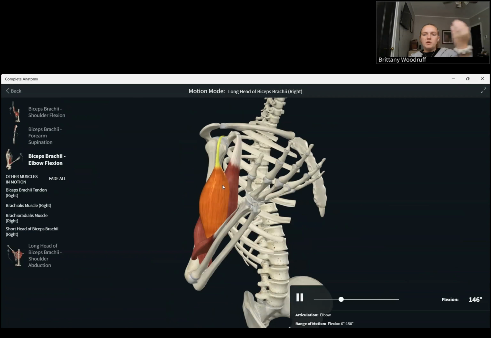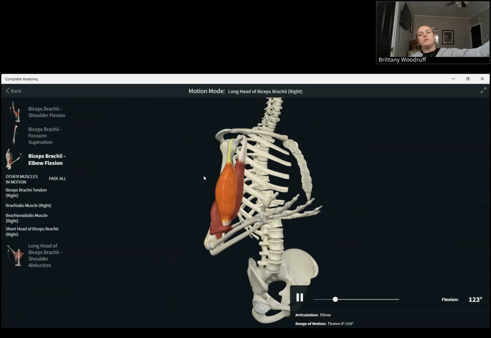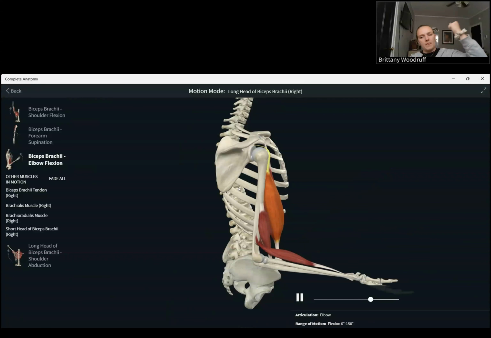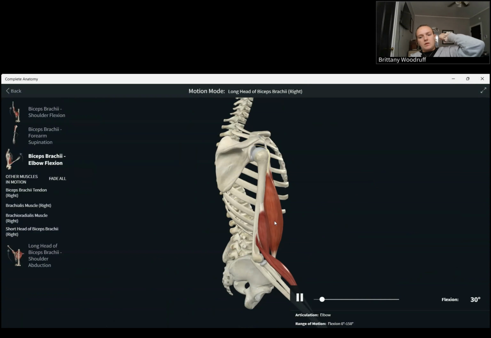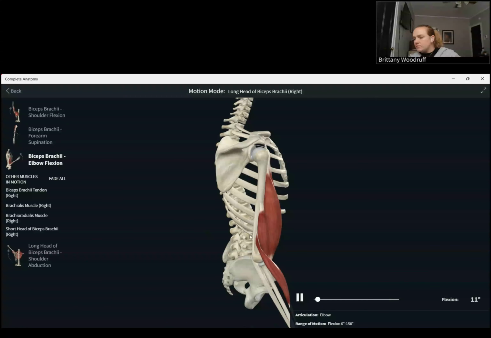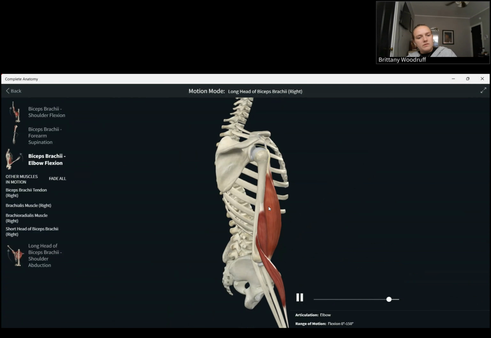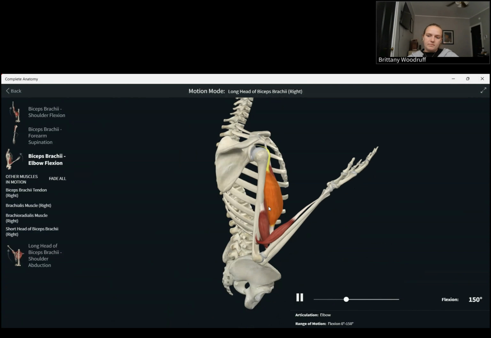Biceps are responsible for flexing that elbow, so flexing your forearm up. You have your brachioradialis here, which is going to assist in that.